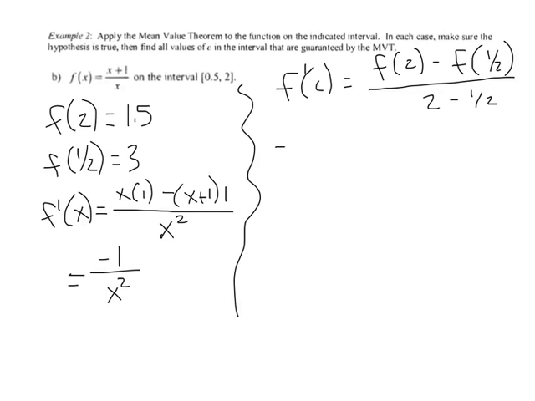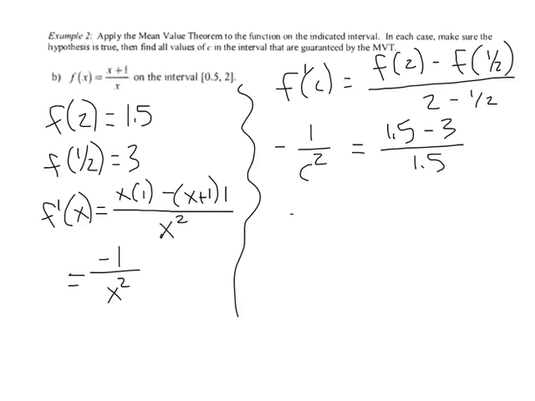We're going to have negative 1 over, instead of x squared we have c squared, which means the same thing. And here f of 2 was 1.5, f of 1/2 was 3, and then 2 minus 1/2 is going to be 1.5. So just simplify some things.